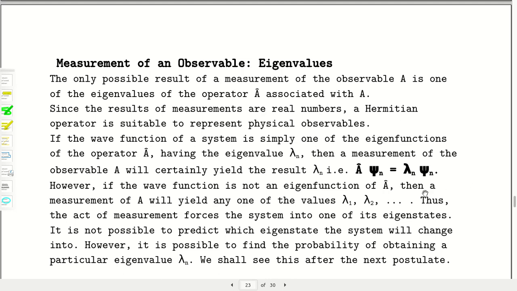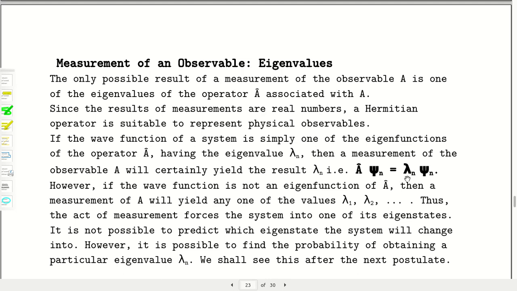But if the wave function is such that the system should have many wave functions like psi n, where n runs from 1 to infinity because it is Hilbert space I am talking about, there an infinite number of states are possible, so an infinite number of eigenvalues are also possible.